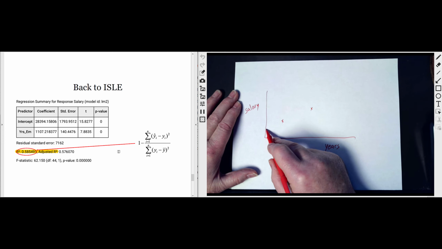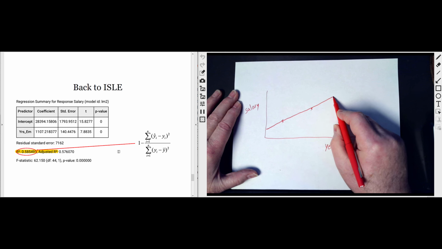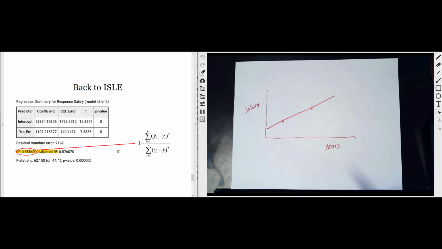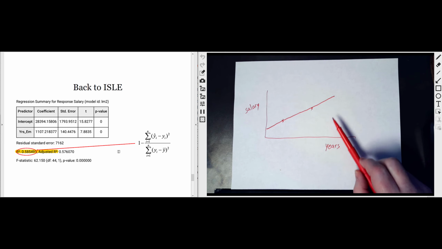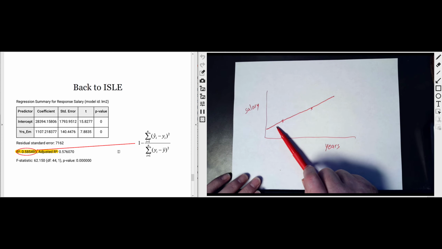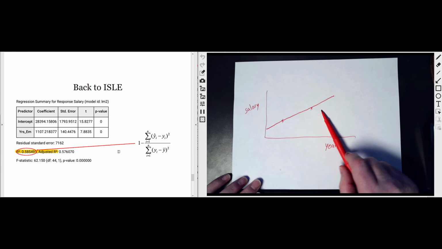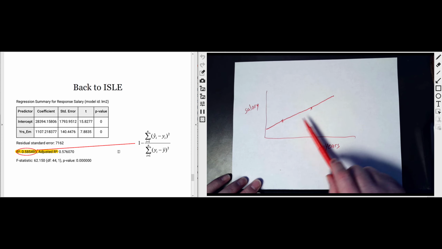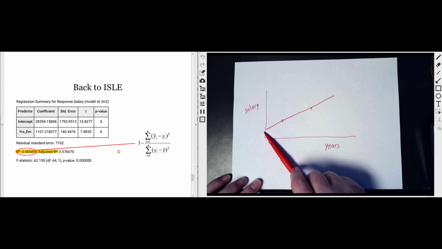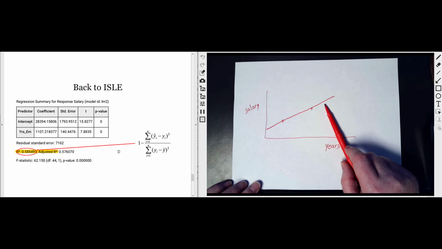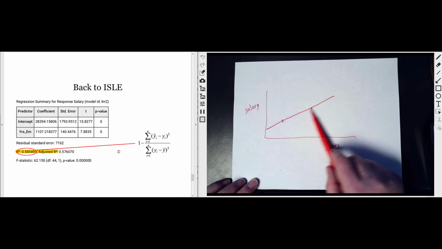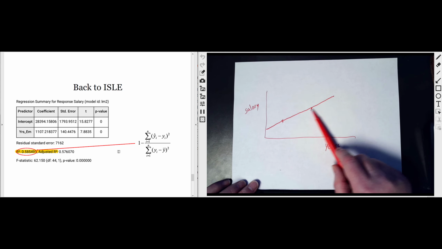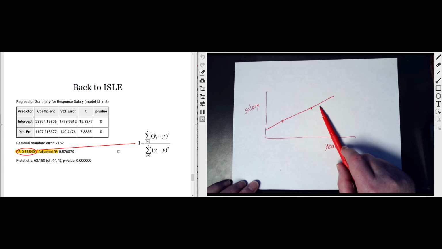Well, obviously, you can draw a perfect line with only 2 observations, but the degrees of freedom here is going to be 0 because we have 2 observations minus 2 for the intercept estimate and the slope estimate. And because we only have 2 data points, our R-squared is going to be a perfect 1 by definition here.